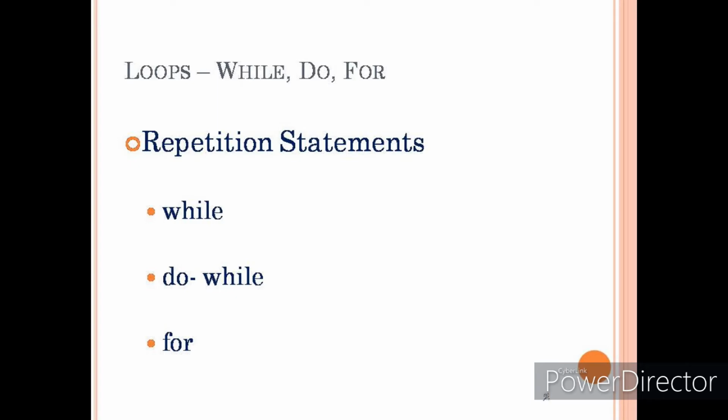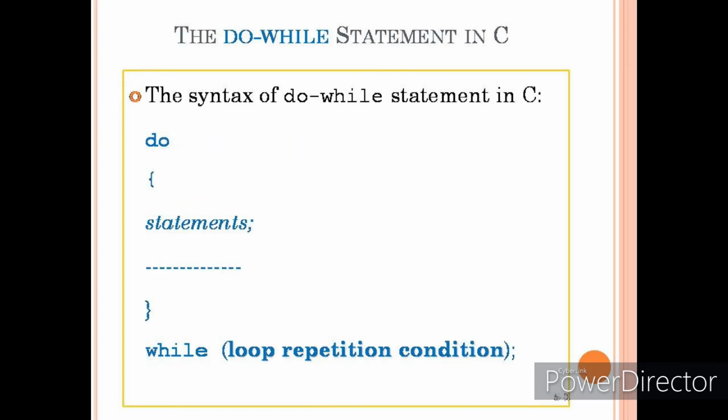The do while loop is different from while loop and for loop. And before we look at the difference, we will look at the syntax of do while loop. The syntax is as follows: do, open braces, statements, closing braces, while, condition, semicolon.